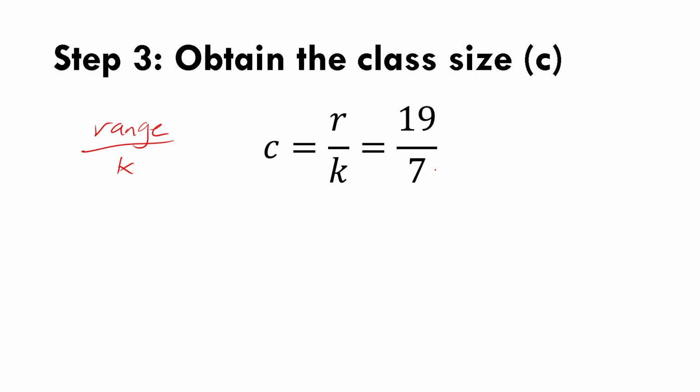We divide these values and round off the result. In this case, we have 2.71 as the value for C, which is approximately equivalent to 3 if rounded up to the nearest ones. That is for step 3.